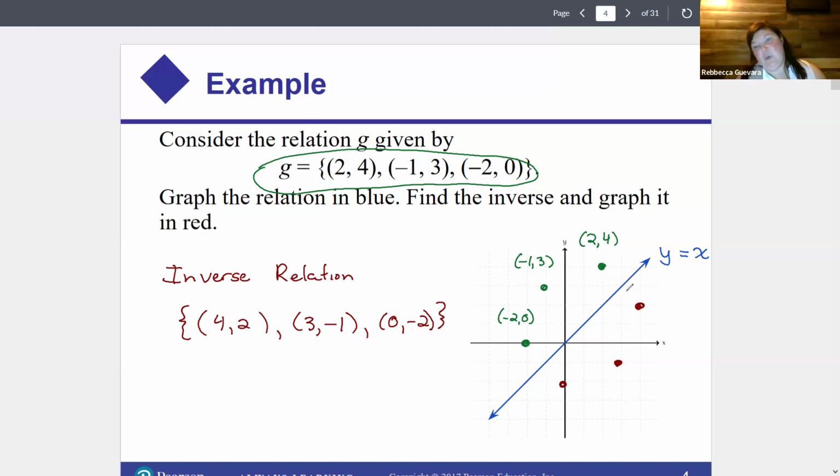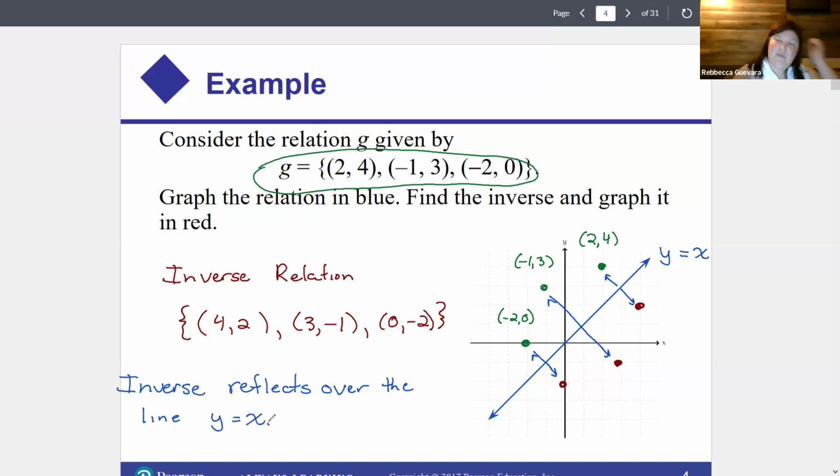And what we see is that these points are reflecting over this line. So your inverse relation, whatever it's going to be, is going to reflect over the line y equals x. And the reason this works is because y equals x basically means we're switching those points.